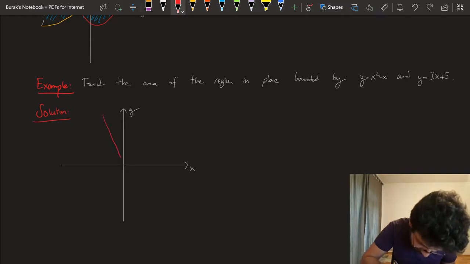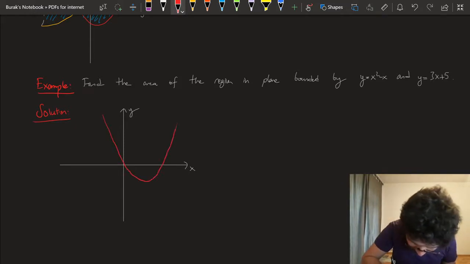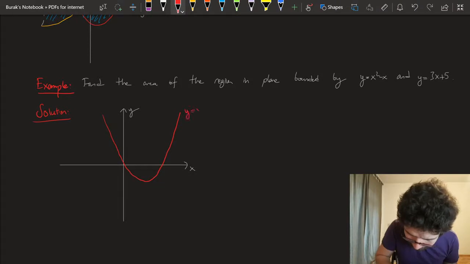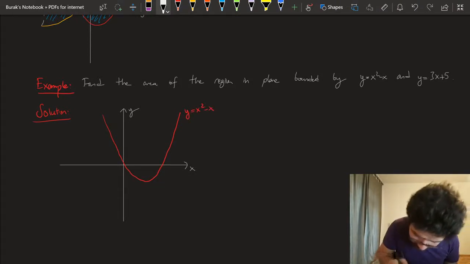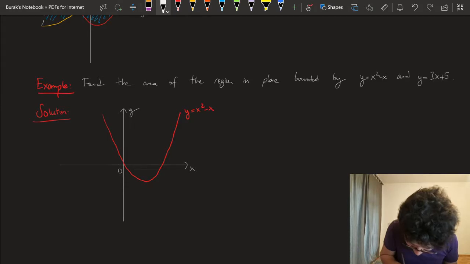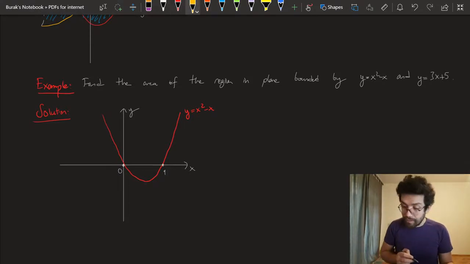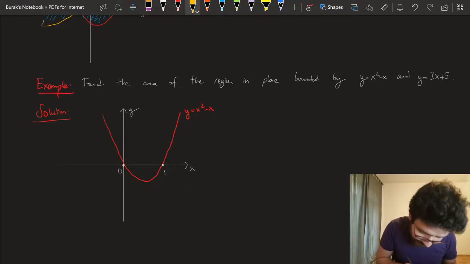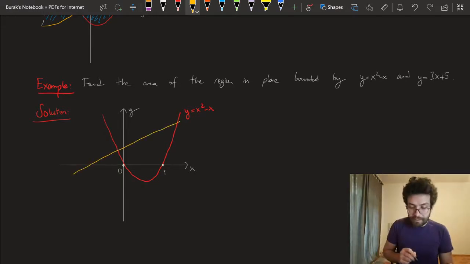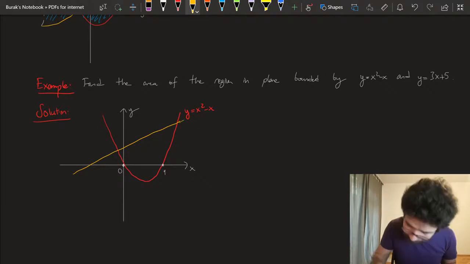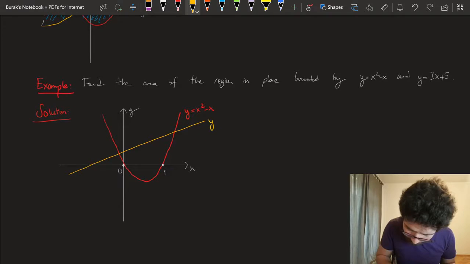Okay, so it's going to be a parabola like this, and these roots are going to be 0 and 1. Okay, and then the line y equals 3x plus 5 is going to be something like this. Okay, y equals 3x plus 5.